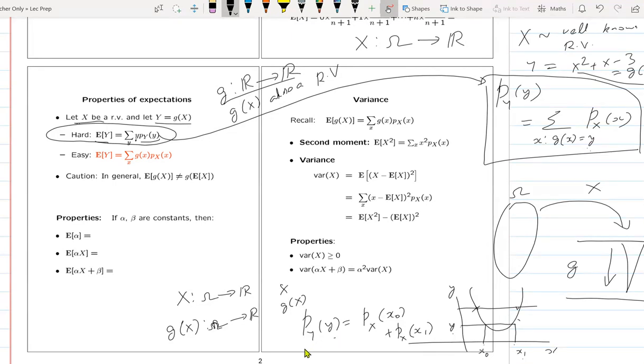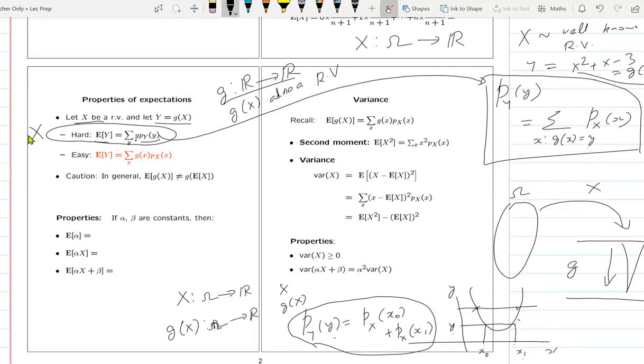Computing this is a complicated business. You need to solve some quadratic equation, find x0 and x1 and then do this. This is a very complicated procedure, and that's why applying this formula is not a good idea. Never try to do this when you have a function of a random variable.